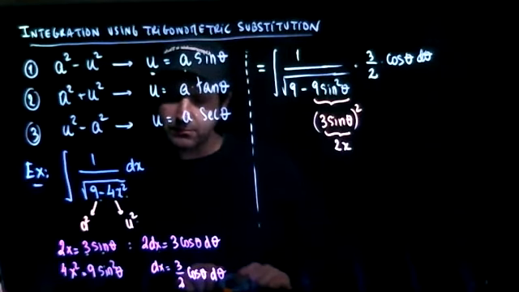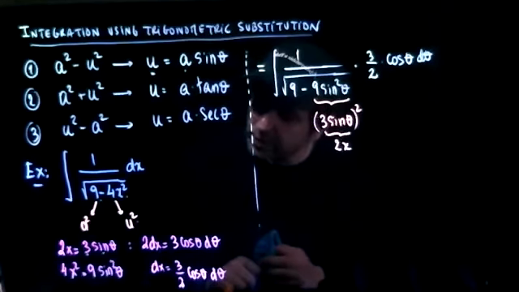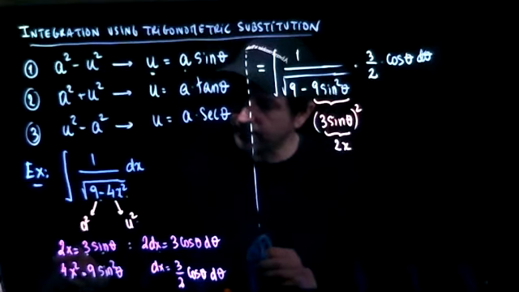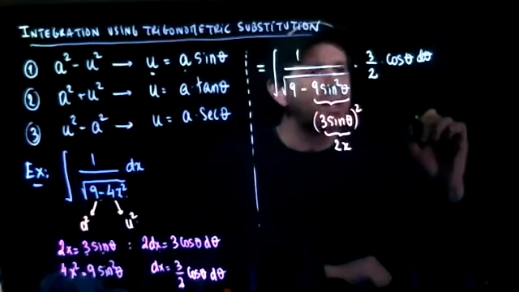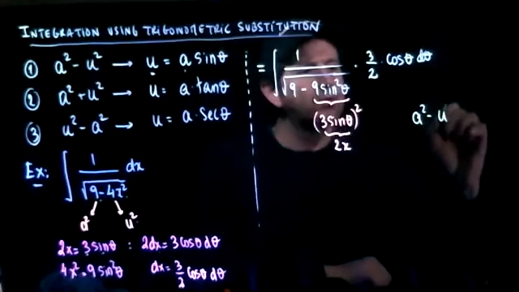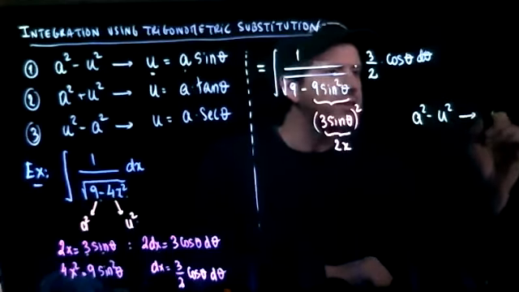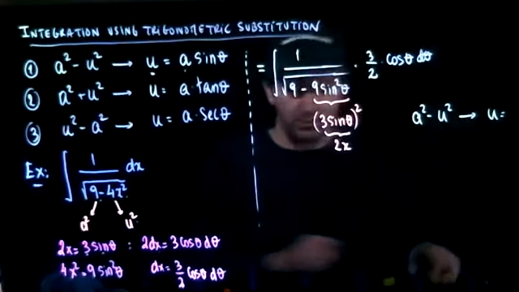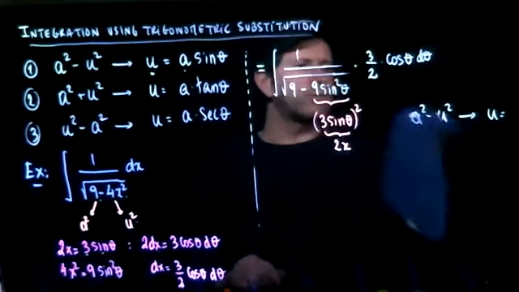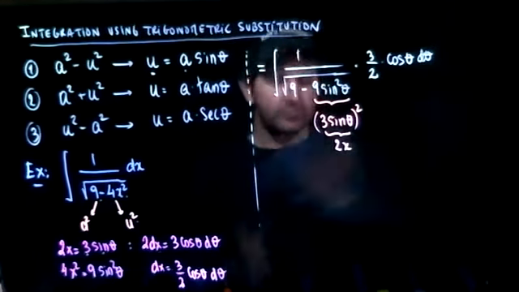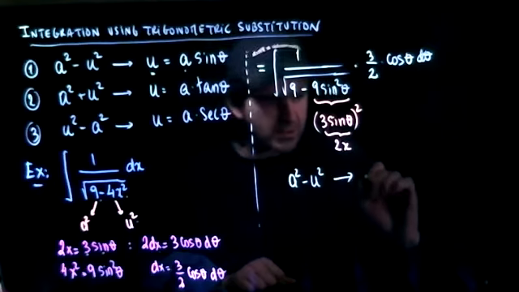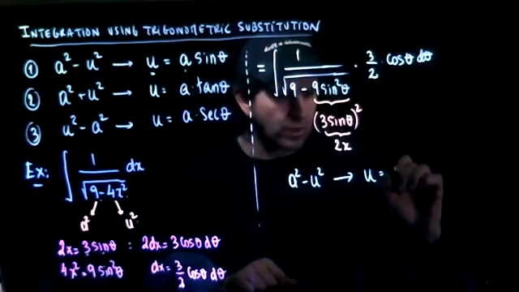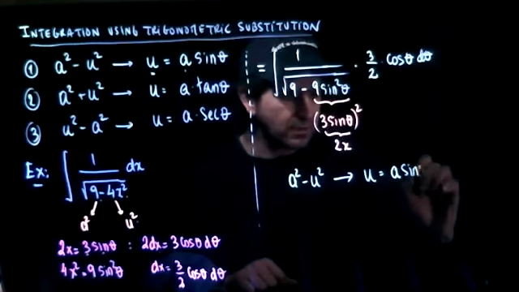I don't really understand where the 2x comes from. This 2x here on the bottom? Yeah. Okay, I'm going to just explain it here. We said A squared minus U squared. If I have A squared minus U squared, then my substitution is U equals A sine theta.